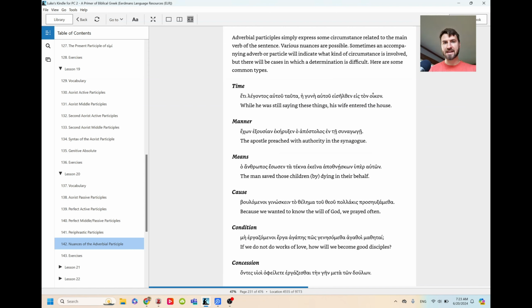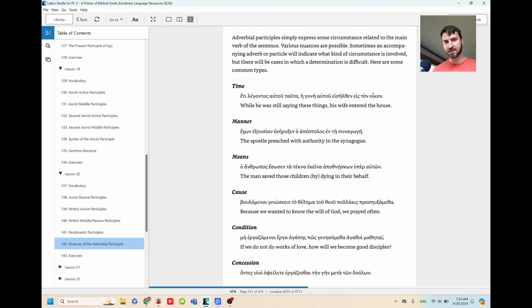And so this is actually a genitive absolute. And so this is a normal adverbial participle, genitive absolute participle, but it's being used in a time way. It's focused on what he was doing while he was doing these things.